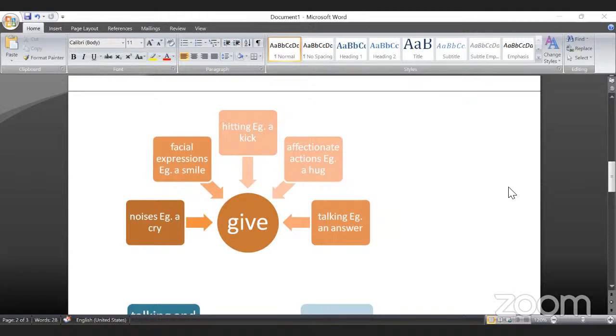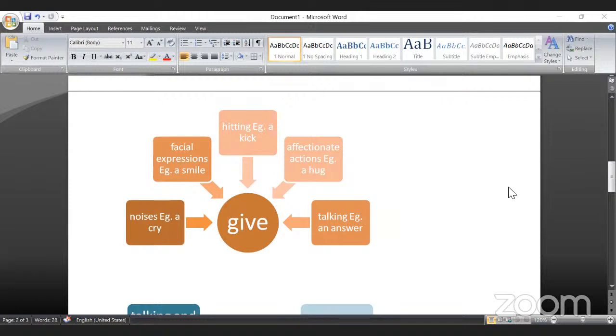So what does this mean? The verb is completely neutralized here. It does not contribute in any sense to the meaning. The whole of the meaning comes from the noun. Give a blessing, you can give blessing. That's possible. But give a cry, give a smile, that's not possible. So the usage of these verbs here is very specialized.